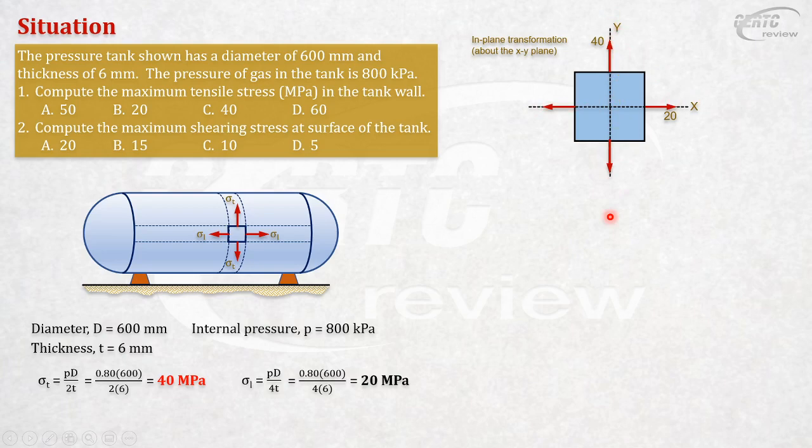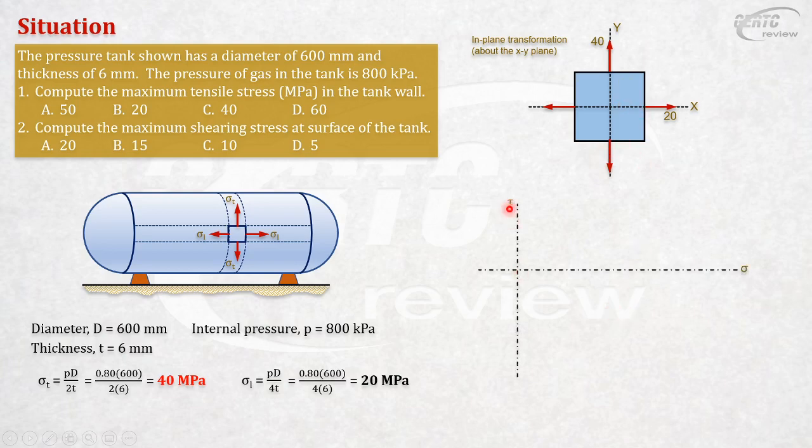Okay, the question here is the maximum shearing stress at the surface of the tank. So let's plot the Mohr circle. I hope you watched part 1 of this video. So I will not draw the tau, the shearing stress, because there is no shearing stress here.